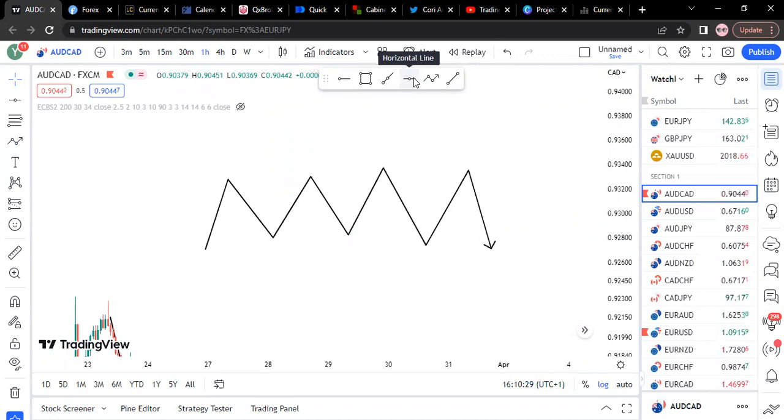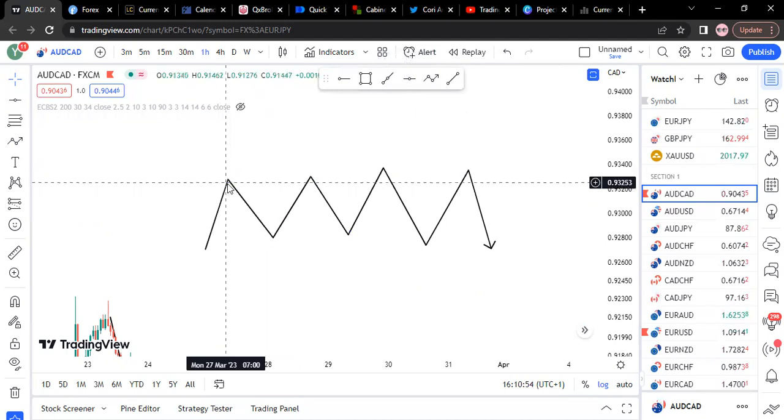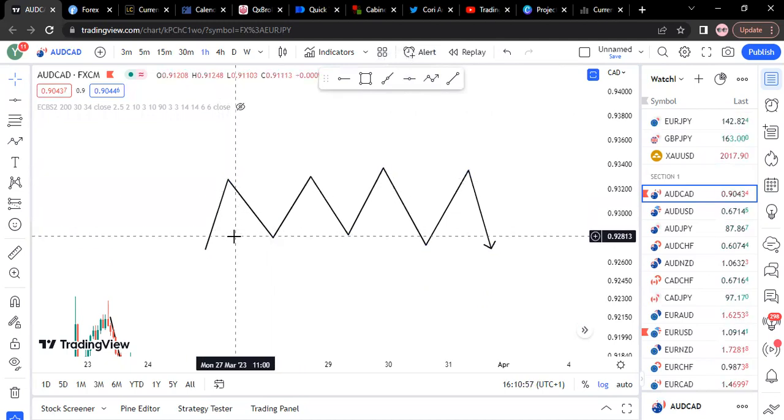A consolidating market is a market of indecision. Buyers are neither taking over the market nor are sellers. Buyers take the market to a particular price, sellers take the market to a particular price, so it keeps ranging within those levels, printing support and resistance, supply and demand.